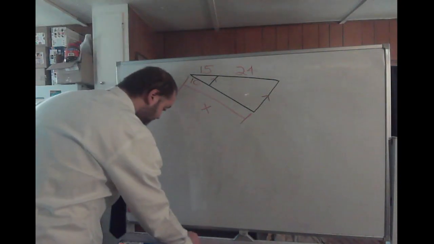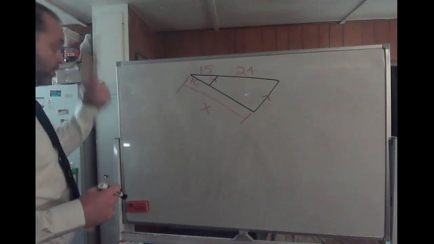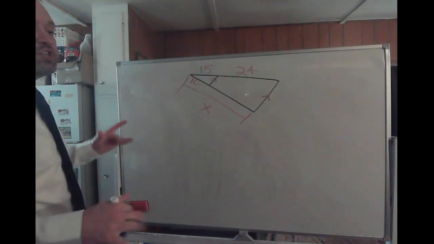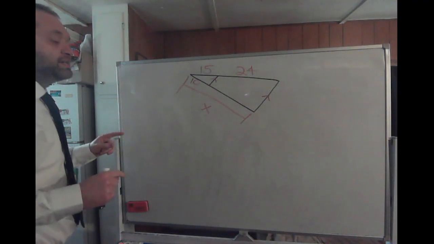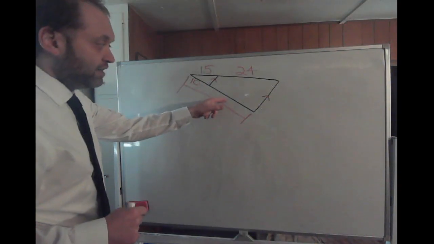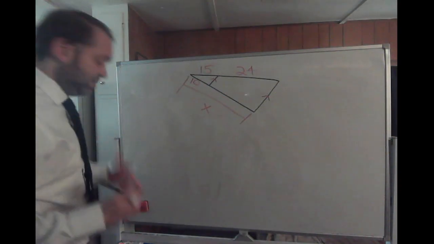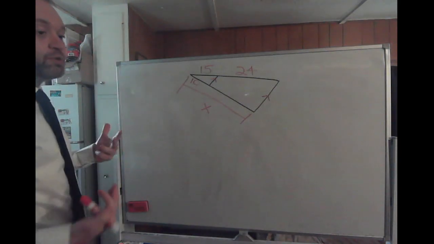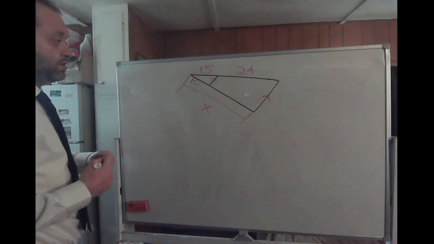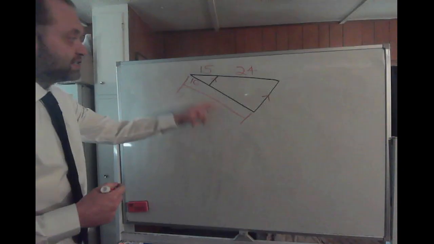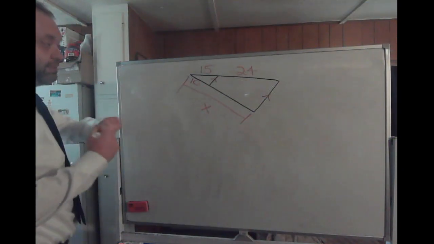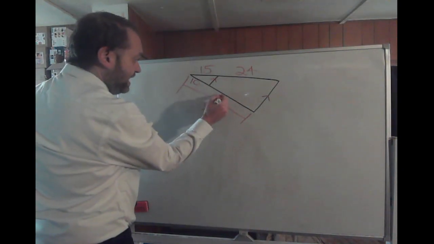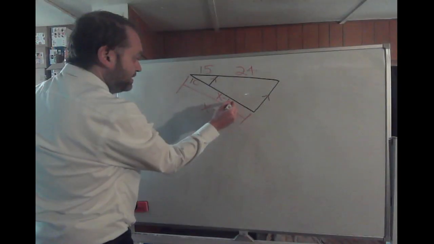Well, what we're going to do now, again, you probably want to find the missing length here, don't you? So you can set up your triangle proportionality theorem. If the whole length is x, this length is 10, that means the length of this segment would simply have to be x minus 10, wouldn't it?